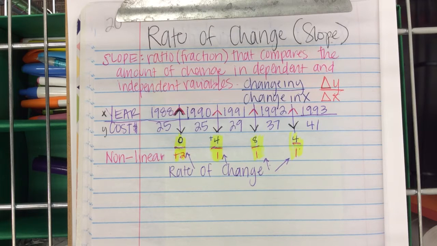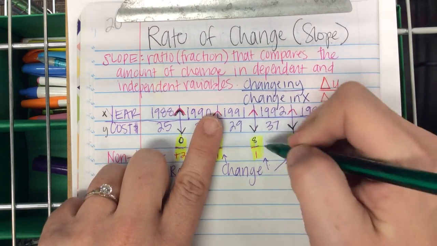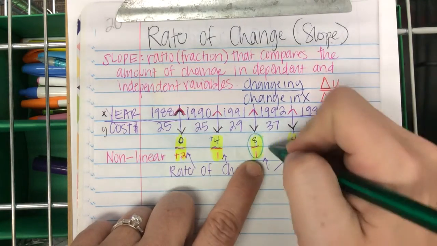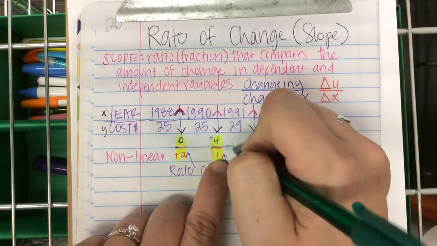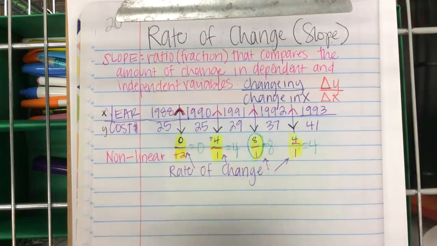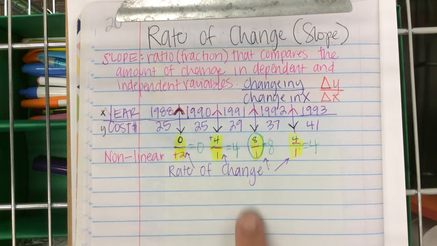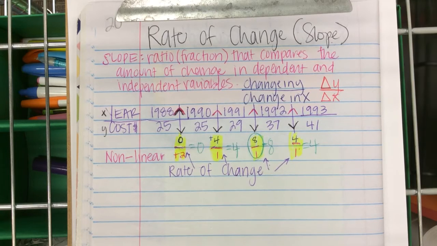So which rate of change was the greatest? From 91 to 92, that was the greatest rate of change. I could simplify that to say it's 8. Simplify to make 4, 4, and 0, right? My greatest rate of change was 91 to 92.